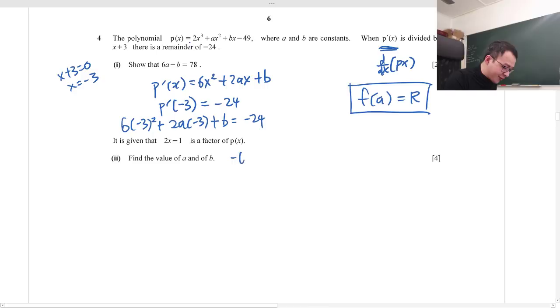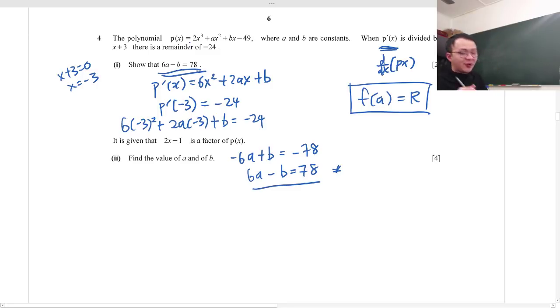So I have negative 6a plus b equals negative 78. Multiply the whole thing by negative 1, so 6a minus b equals 78. This is the equation that question 1 asks us to get.